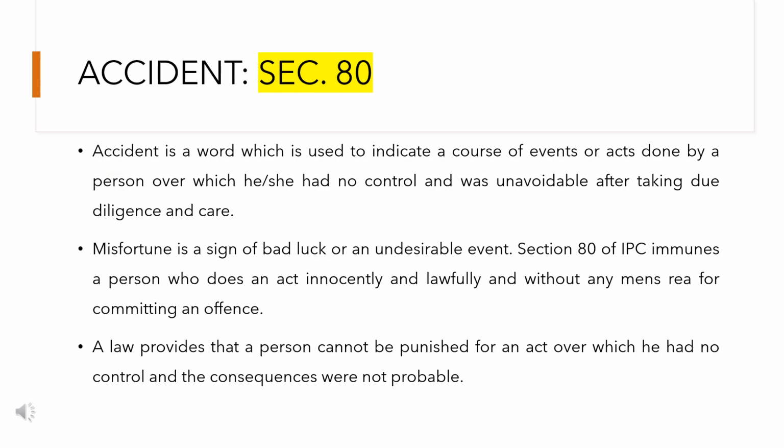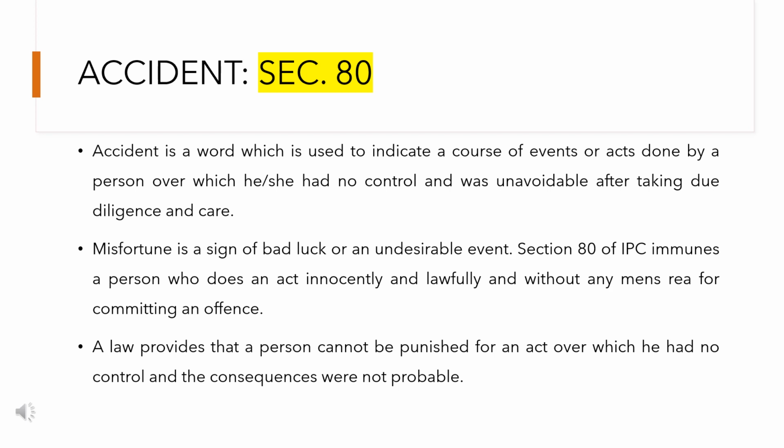Now let's see the third exception, accident. Accident is a word used to indicate a course of events or acts done by a person over which he or she had no control and which was unavoidable after taking due diligence and care.